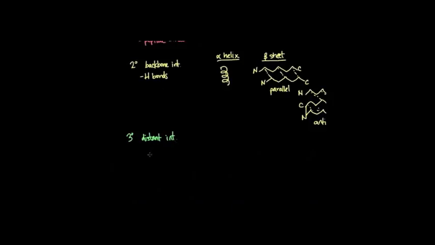And just like secondary structure, it is stabilized by hydrogen bonds. But you also have some other interactions that come into play, such as van der Waals interactions. You also have hydrophobic packing and also disulfide bridge formation.